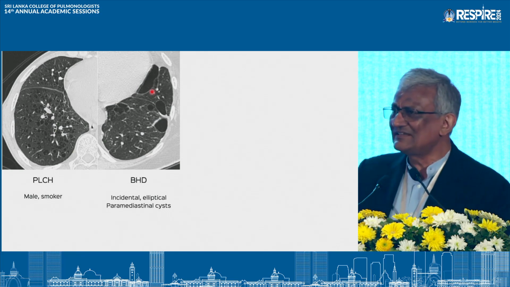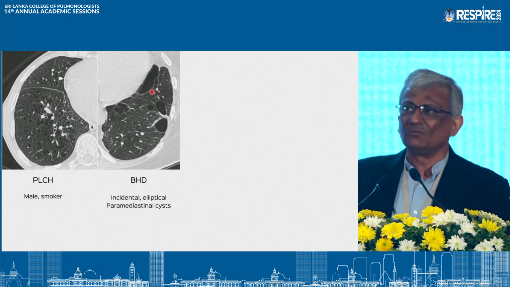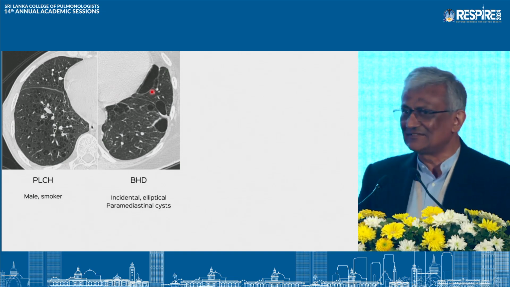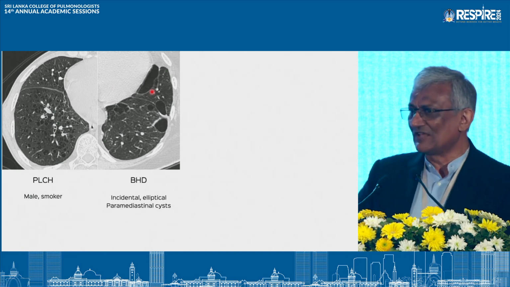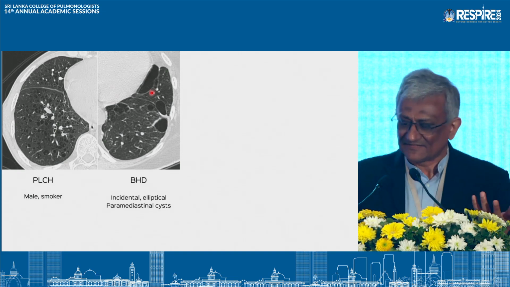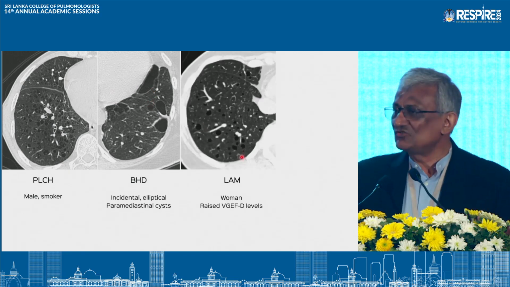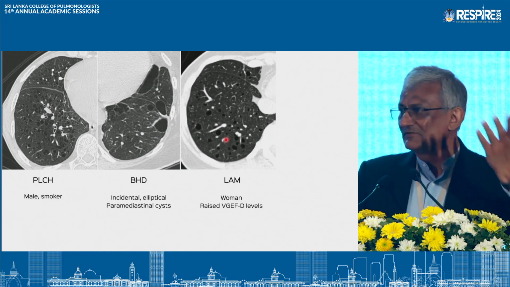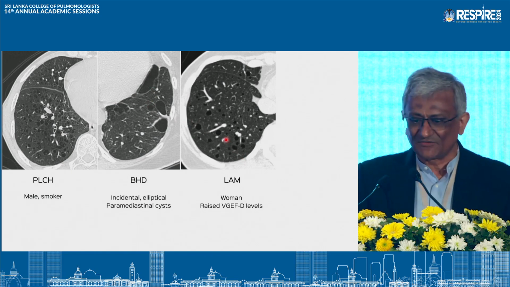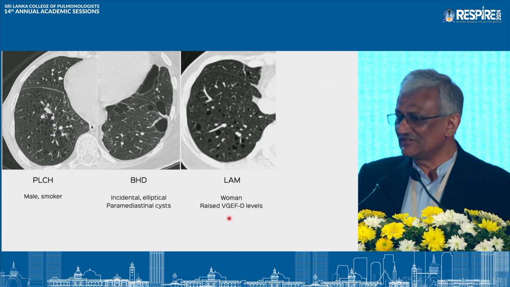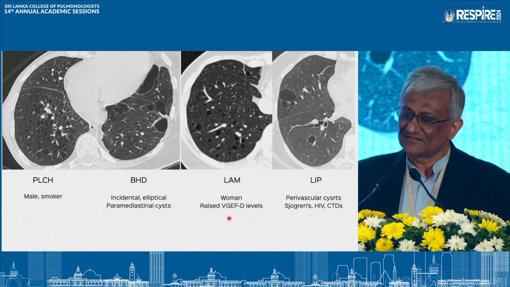And the commonest place we pick these up is when we're doing PET CT scans in patients with malignancies, and we see incidentally cysts like this. This is the Birt-Hogg-Dubé syndrome. Lymphangioleiomyomatosis, typically in women, reproductive age group, they present with a pneumothorax, and you measure the VEGF-D levels, and you get an answer.